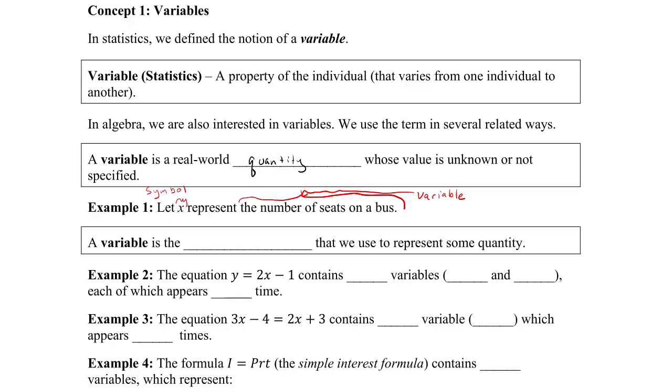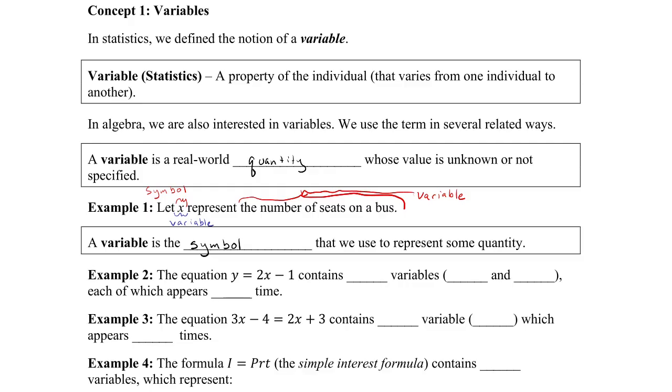Now, the second way that we use the term variable, very confusingly, is to also say that the symbol is the variable. So we might say instead, a variable is the symbol that we use to represent some quantity. And with that definition, X is the variable itself.